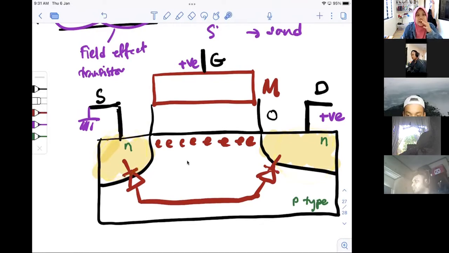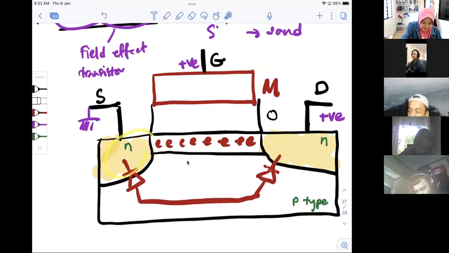The source is made of N. What are the majority carriers in N type? Electron. So the majority carrier is electron. But at the surface here, because of this field effect, it changes this region from P to N. Because the majority carriers here become N, it becomes like a bridge connecting the source and the drain.